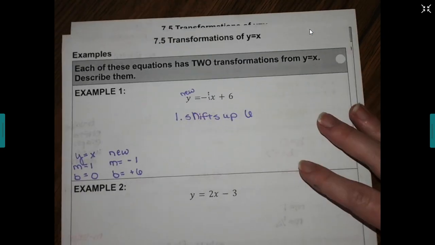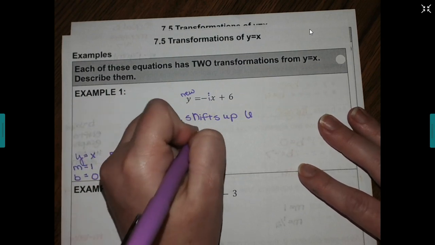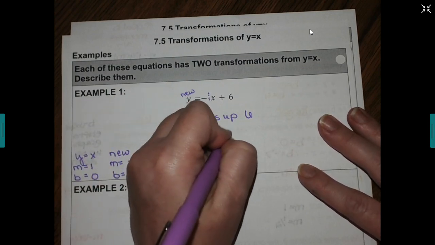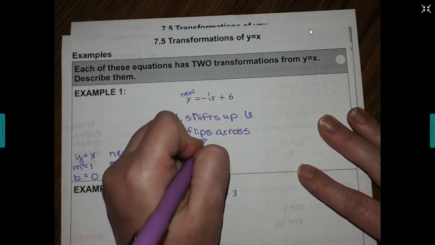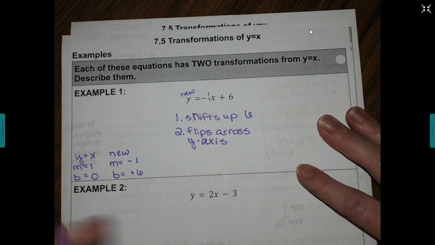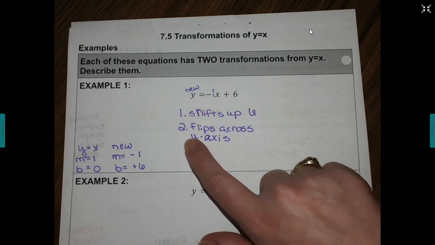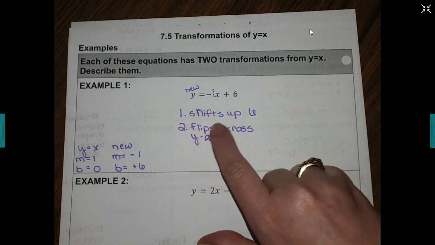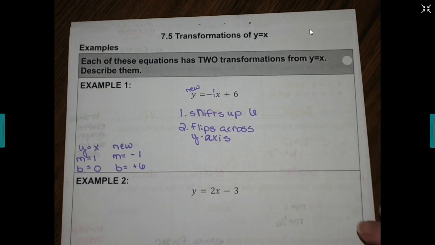So it kind of reflects across. So the 2 transformations that happen: it shifts up 6 and it flips across the y-axis.